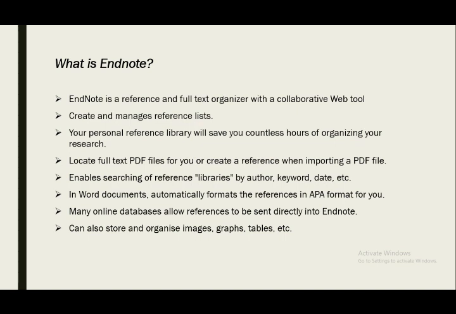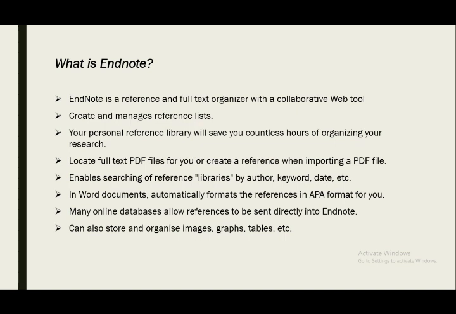Using this software, we can save a lot of time that could be lost while organizing research articles. It helps us to locate full-text PDF files, and to manage all the references in a very good manner.